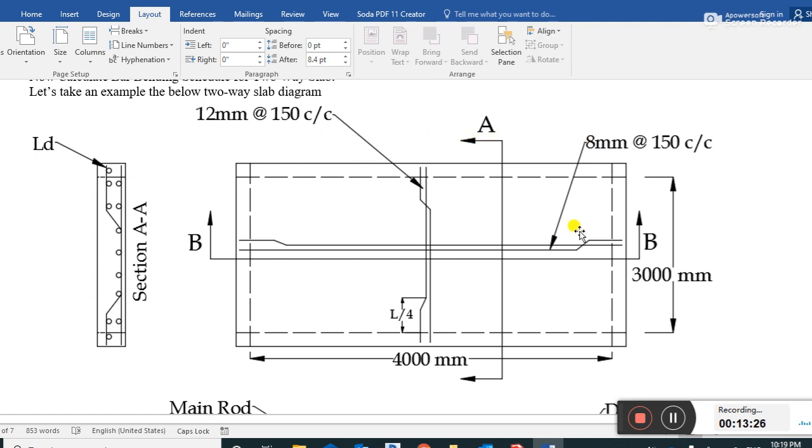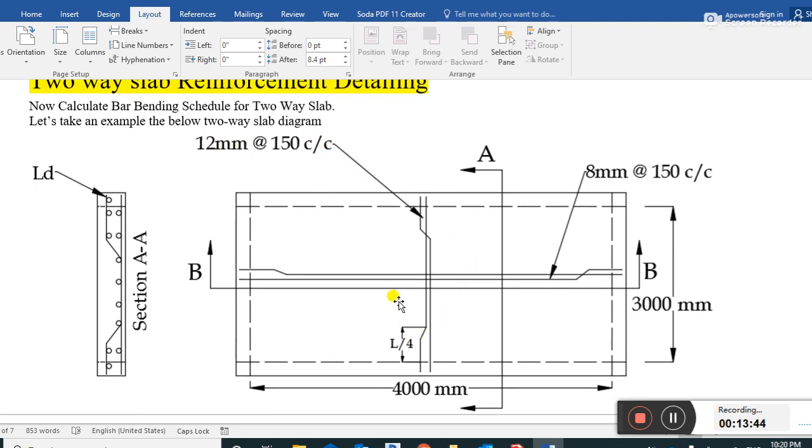Guys, again, this is the distribution bar, 8 millimeter at 150 center to center. This is L by 4, this portion. This is the main bars, 12 mm at 150 center to center.